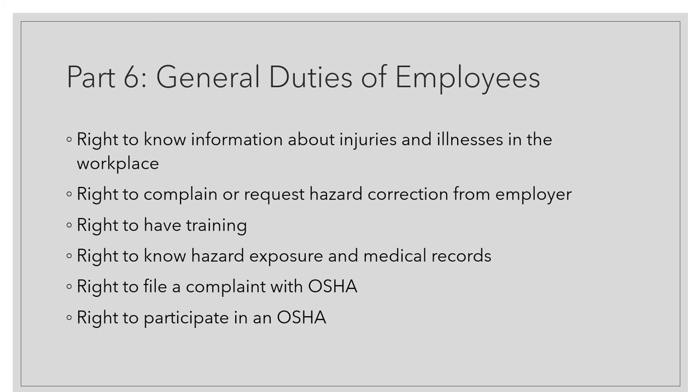Kemudian employees also have the right to complain or request hazard correction from employer, and then a right to have training, right to know hazard exposure and medical records, right to file a complaint with OSHA, and right to participate in an OSHA inspection.